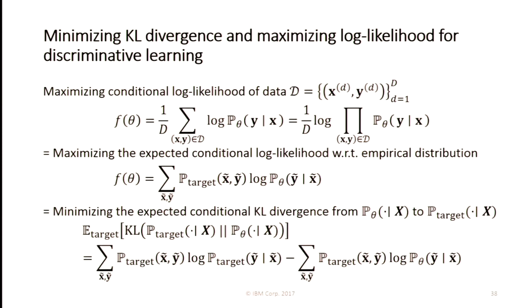So this is a conditional distribution given the random visible values, and because this Kullback-Leibler divergence is a random variable, we take an expectation over this with respect to the target distribution. Okay, so in any case, our objective function is this. So this is to maximize the conditional log likelihood of data.